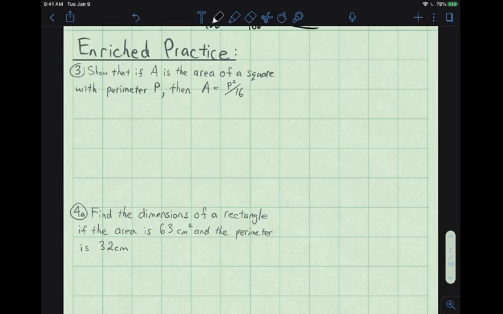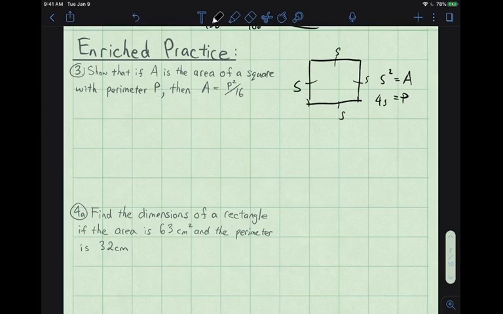Here we have a square that we're thinking about, reminding ourselves of perimeter and area. If you have a square that has side length s, the area, s squared, is going to be called A. The perimeter, since it's a square, all sides are s, is 4s.